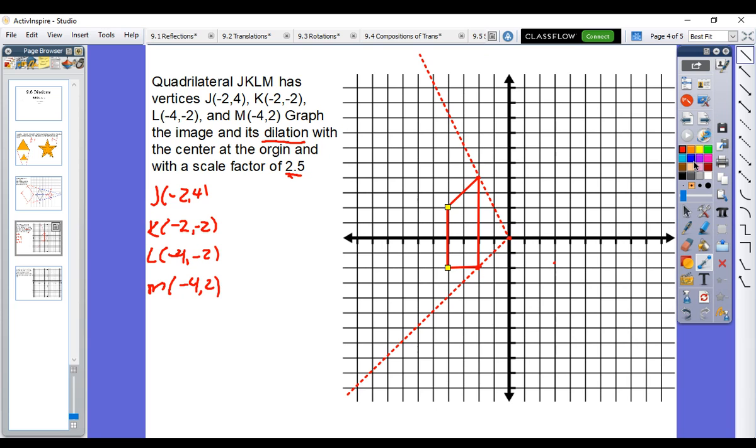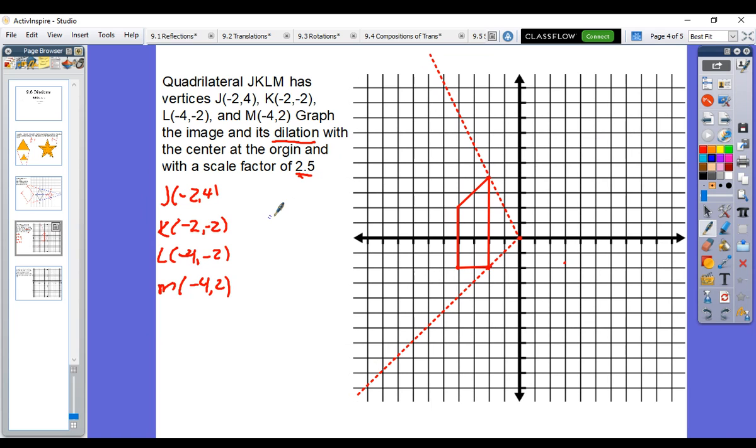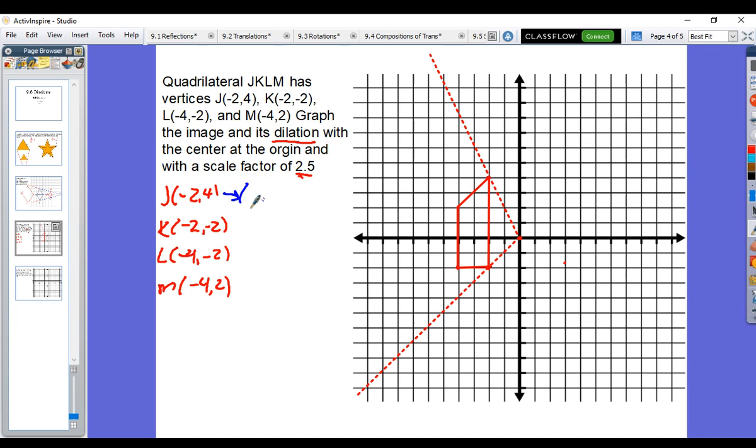All right, we're doing blue. We're doing 2.5 times bigger. So that means we're going to take each coordinate value and multiply it times 2.5. So get my fancy calculator and take -2 times 2.5. I get -5. And then 4 times 2.5, and I get 10.